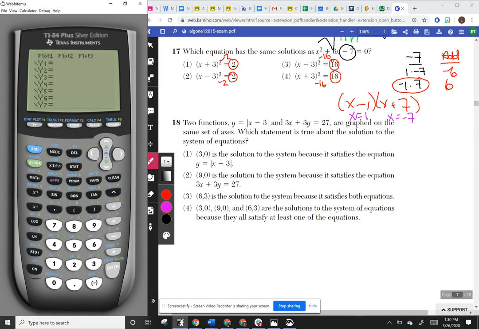So x squared plus 6x minus 7. And let's do each answer choice now. So we got x plus 3 squared minus 2. Second graph.